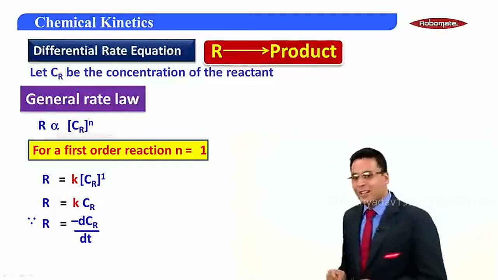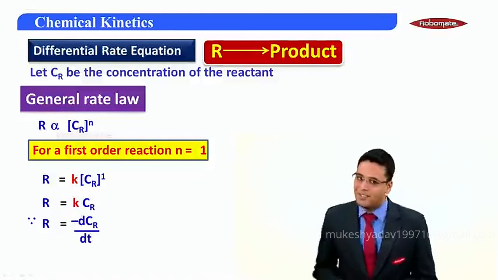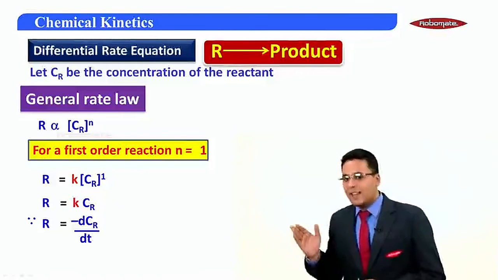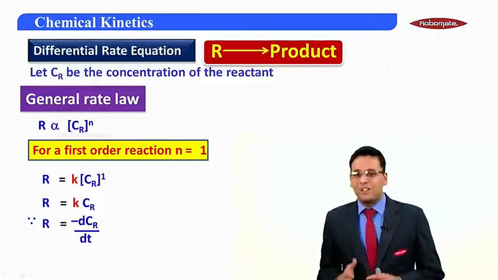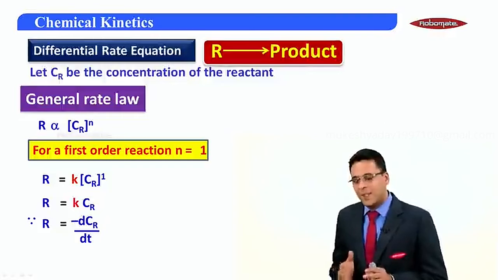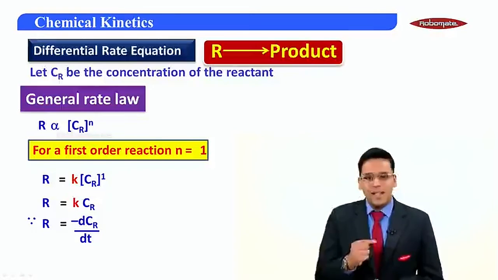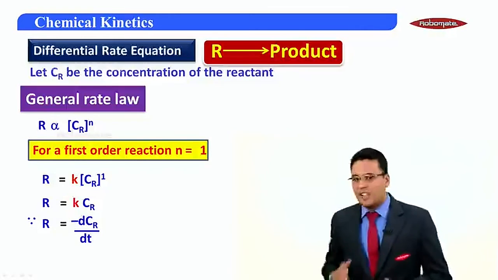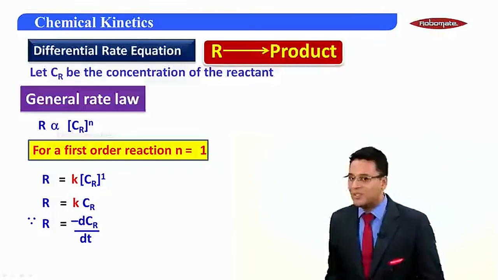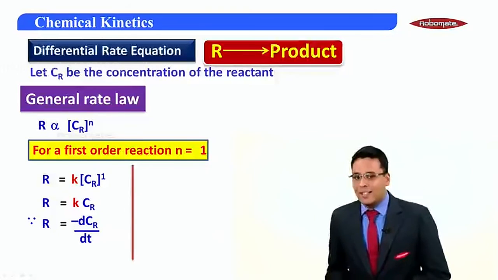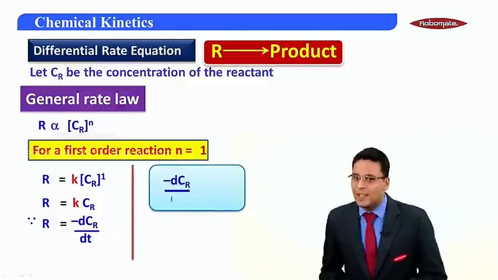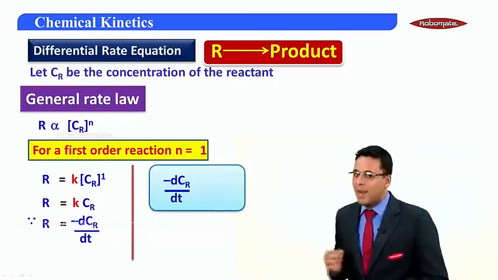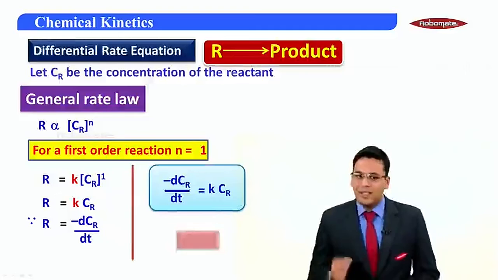Now if you take a look at these last two equations, the left hand side is the same. So I have a situation here where A is equal to B and A is equal to C. So naturally B is equal to C. By comparing these two equations, I can say that minus dCr by dt is equal to kCr.